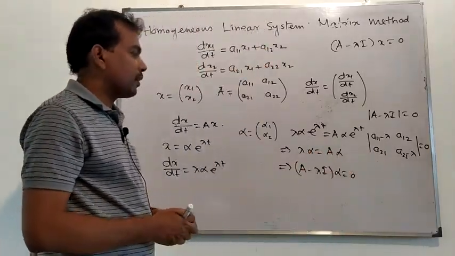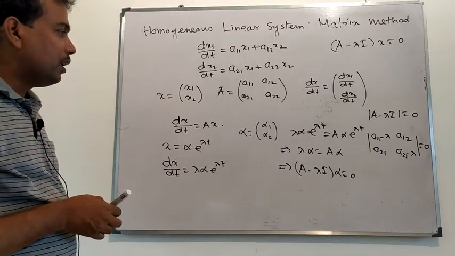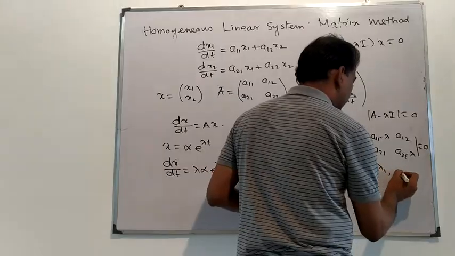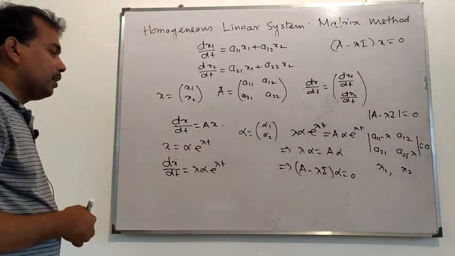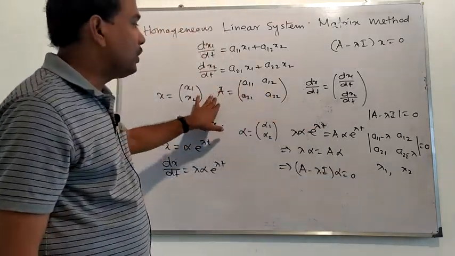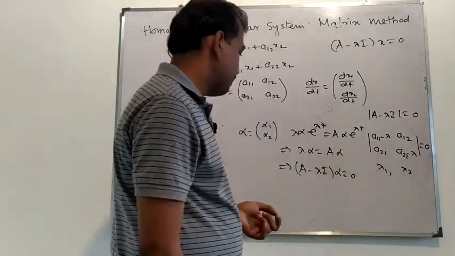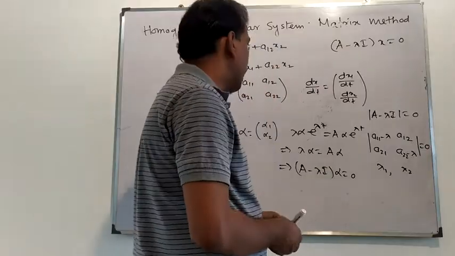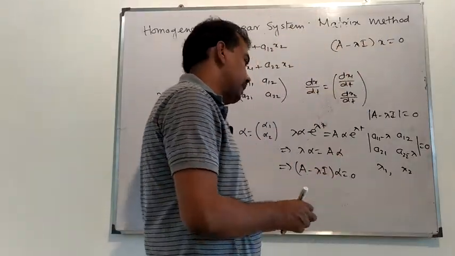This is a quadratic equation in lambda. So from here we get two values of lambda. Suppose lambda 1 and lambda 2 are the two values of lambda. Here lambda 1 and lambda 2 are called eigenvalues of A. Suppose when we take lambda equal to lambda 1, then we get a non-zero solution of this system.